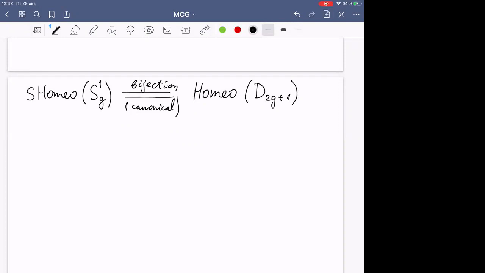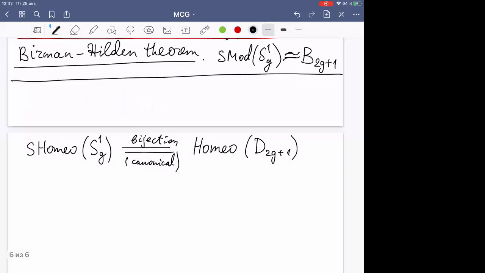Actually, I haven't explained yet that it is a bijection. What I have explained is that we have a mapping here.